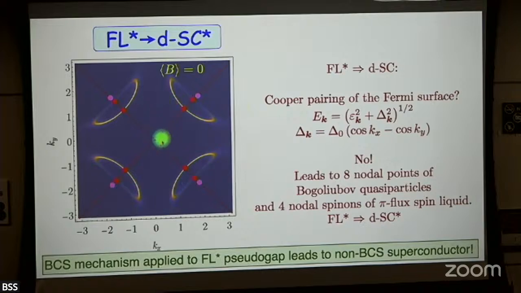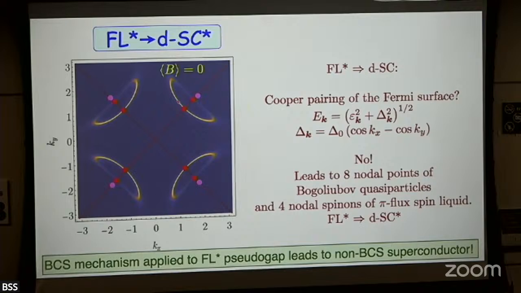Now, for photoemission, this is not such a problem. You could say, well, first of all, the spinons don't contribute to photoemission. And the backside has very low intensity, so let's not worry about this. However, for thermal conductivity, this is a huge problem. So for thermal conductivity, all of these nodes, all of these dots, the red and the pink, are going to give you thermal conductivity of 12 Dirac nodes.